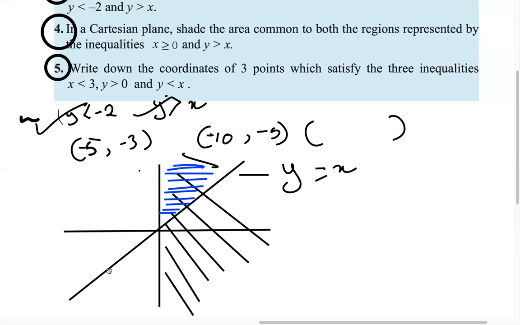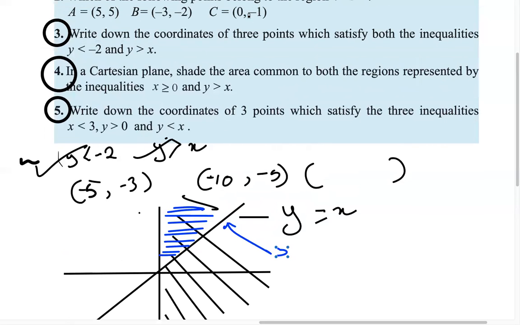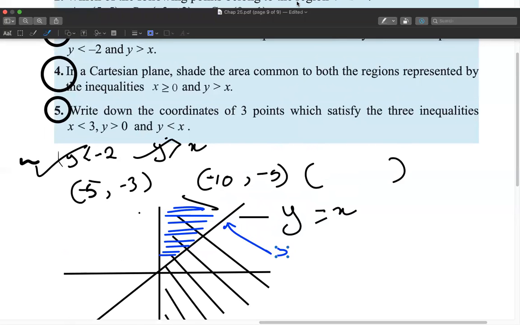And this line should be a dotted line. Yes, this is something similar to the third question, so hope that you can do it. Not much difficult.